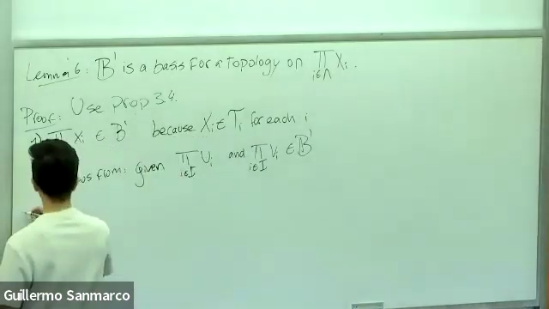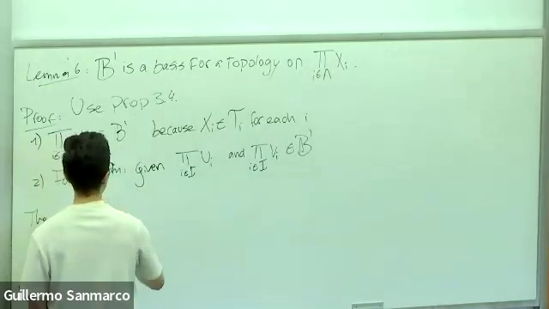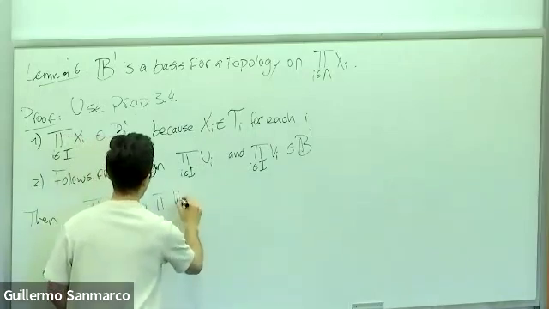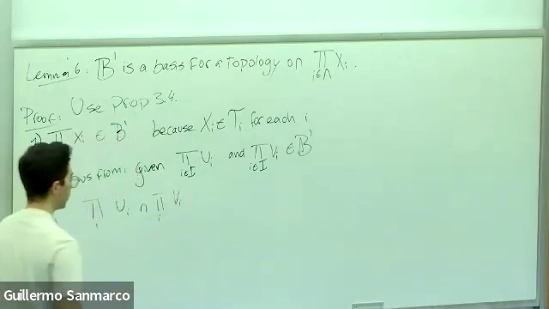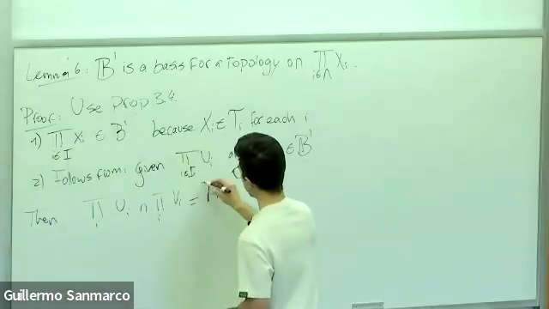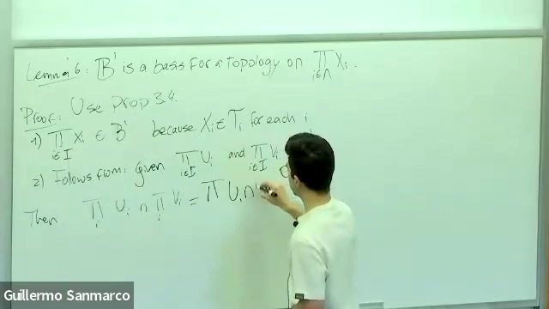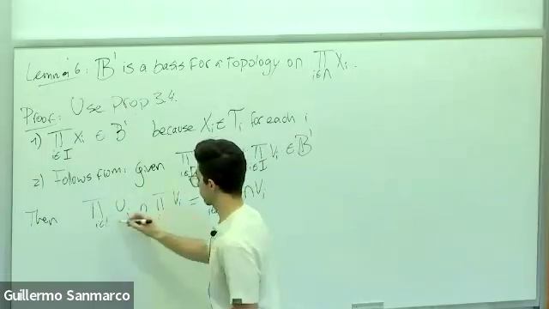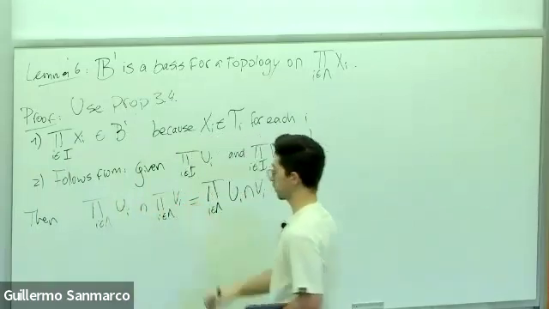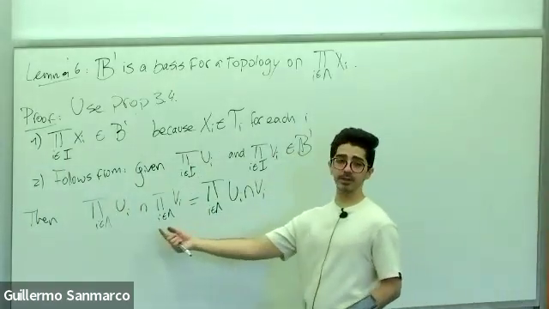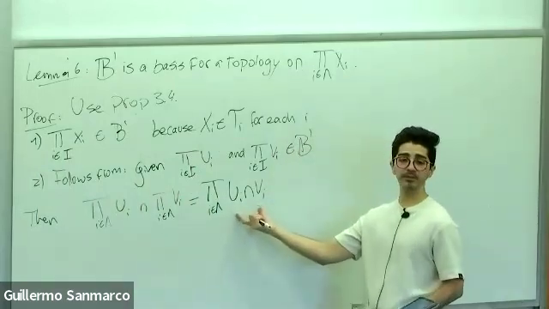We need to take an arbitrary element of this intersection, Ui intersect Bi. We need to take an arbitrary X here and show there is some third element in the basis topology. But this set is just the product of Ui intersect Bi. Just from this, if you take an arbitrary X here, it's here, so you can just use the definition.